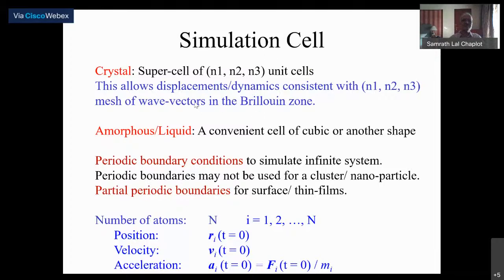So the important point is that the wave vectors that are observable will be limited by the simulation size and the number of atoms you have inside. We will see its ramifications as and when we move on.